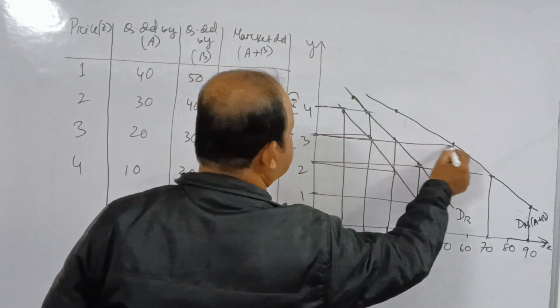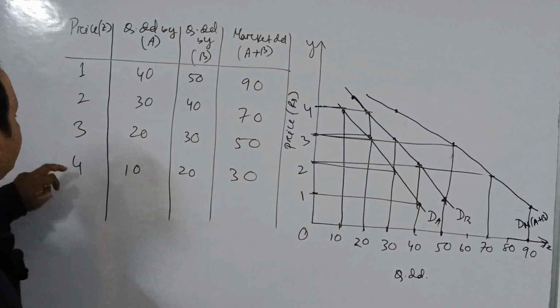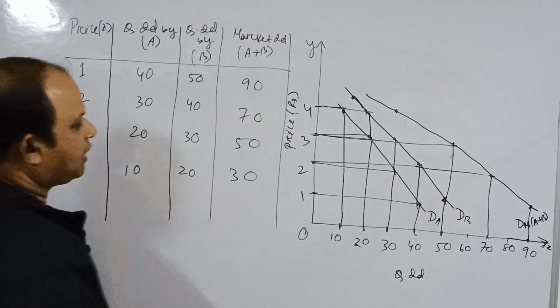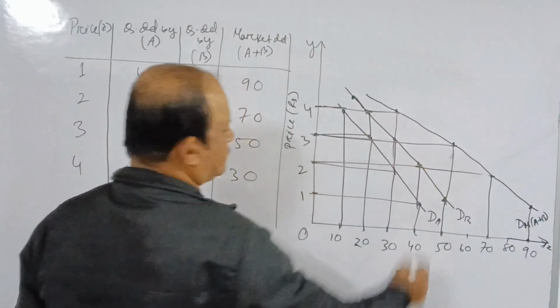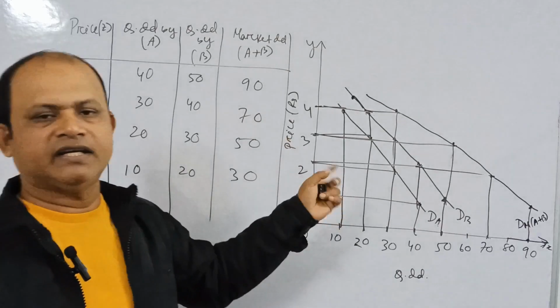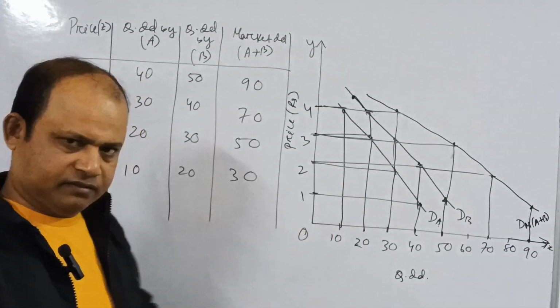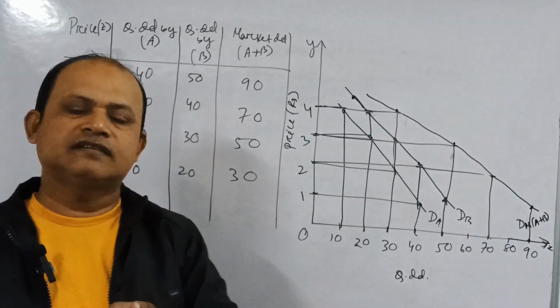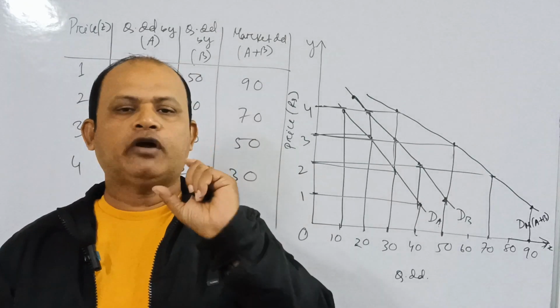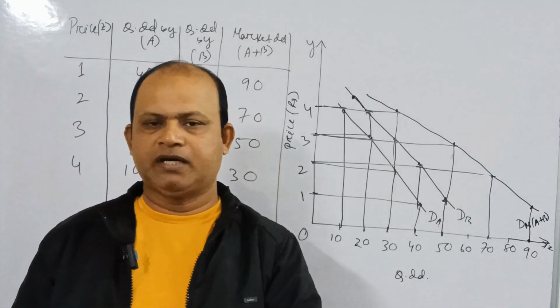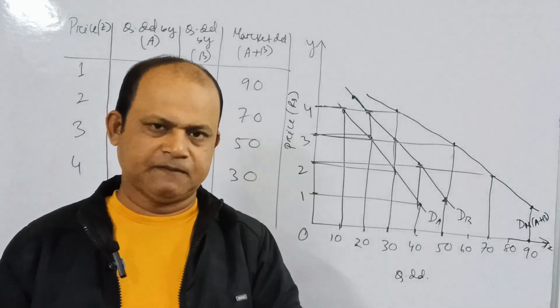When price is 4, market demand is 30. So this is how you can get the market demand. And at the beginning I told you that the horizontal summation of individual demand makes the market demand.